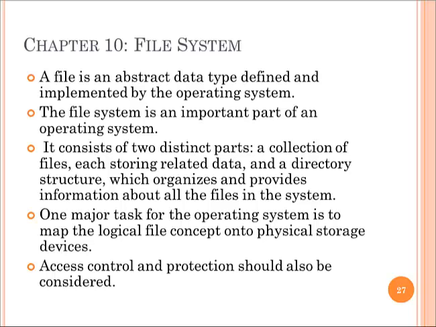Everything pretty much is in the unit of a file, which we are very familiar with. That's the largest unit that we will use, or the most frequent unit that we will use. So the file system is an important part of an operating system.